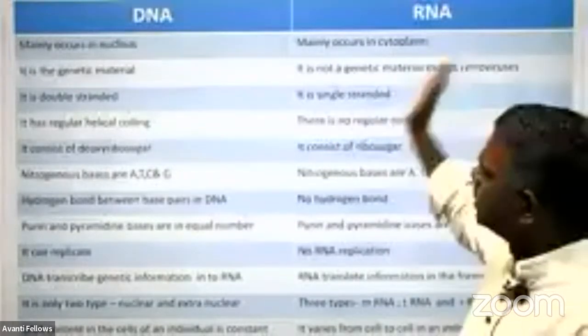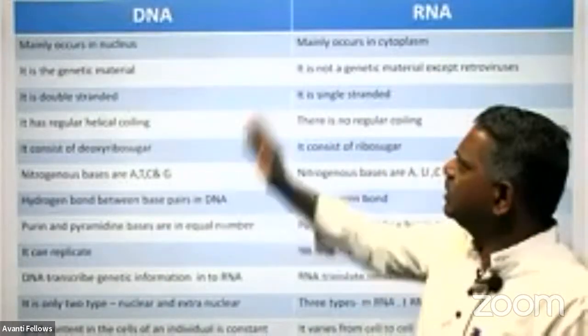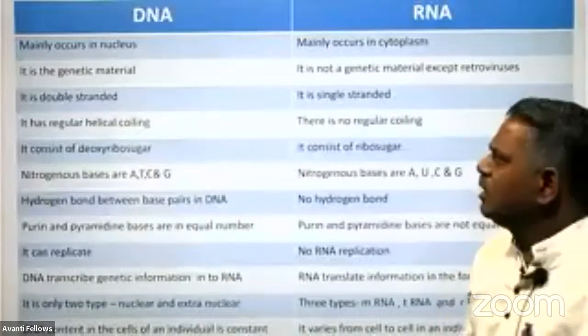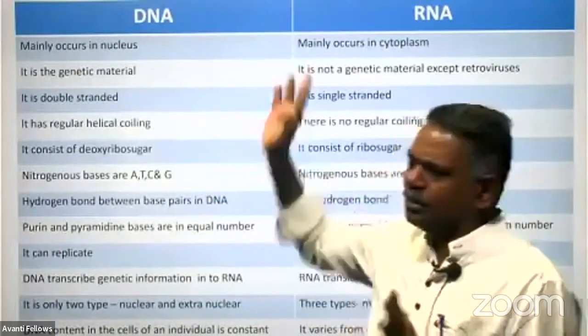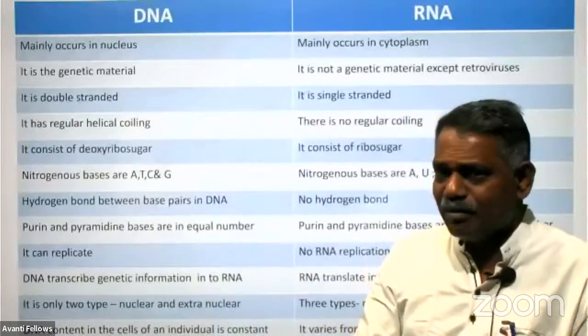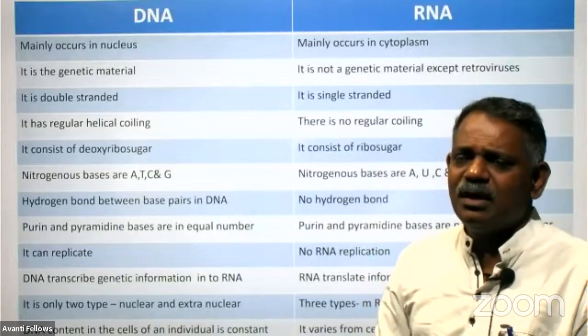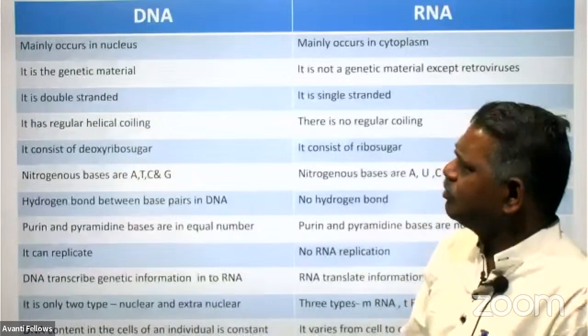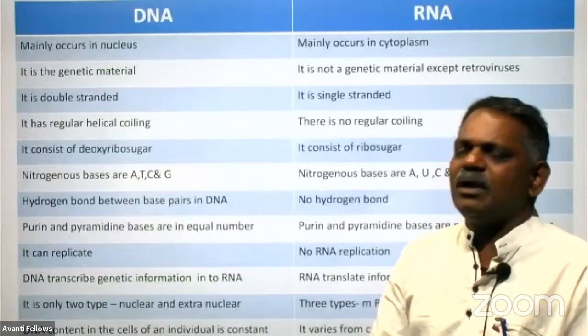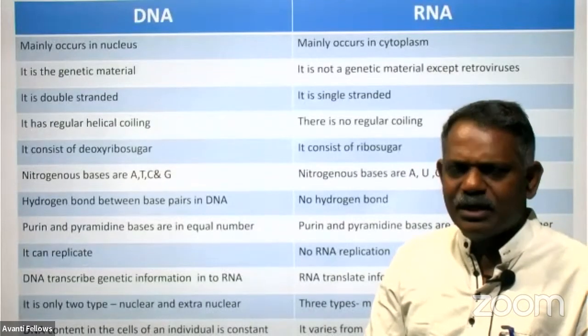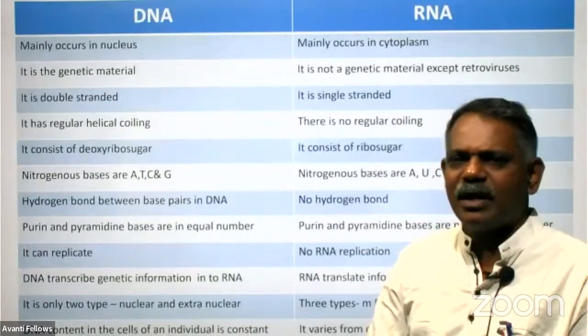Right. Then we will see some details about the difference between DNA and RNA. Most of the differences are known to all of you, right? See, DNA mainly occurs in the nucleus. You may have heard about the chromosome. We have 23 pairs of chromosomes in our nucleus, and these chromosomes consist mainly of DNA. Of course, they also contain some proteins like histone and non-histone proteins, right?